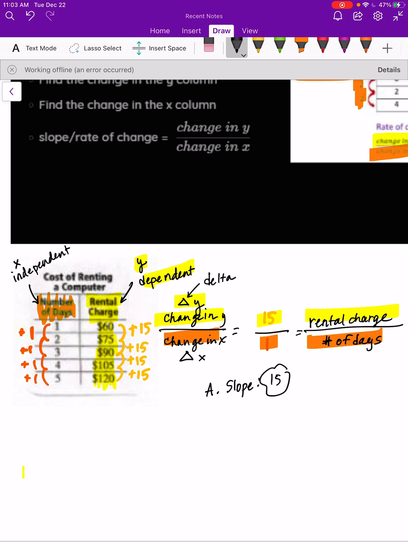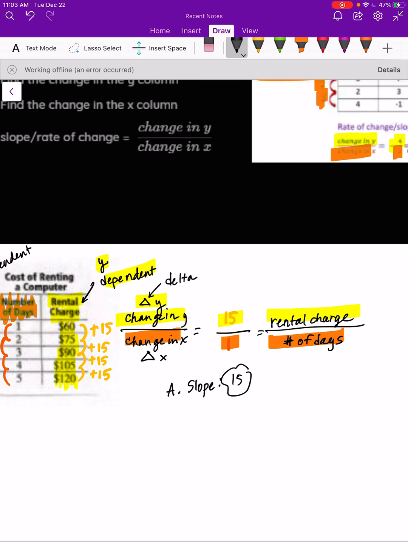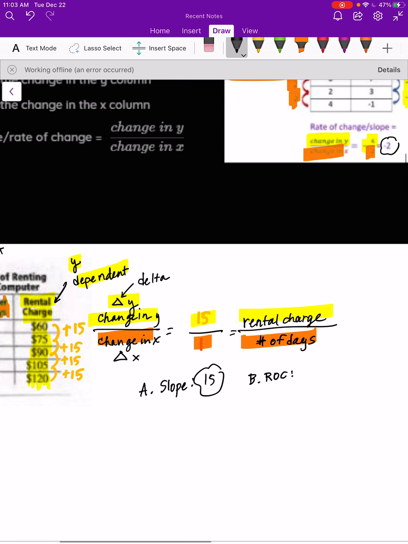So now what I have is I can attach that to the situation, because I have a situation. So now really we're going to talk about B, which would be my rate of change, which most times I just abbreviate to ROC. So pretty much this 15 goes with rental charge, and that was talking money, so I probably put a dollar sign there.